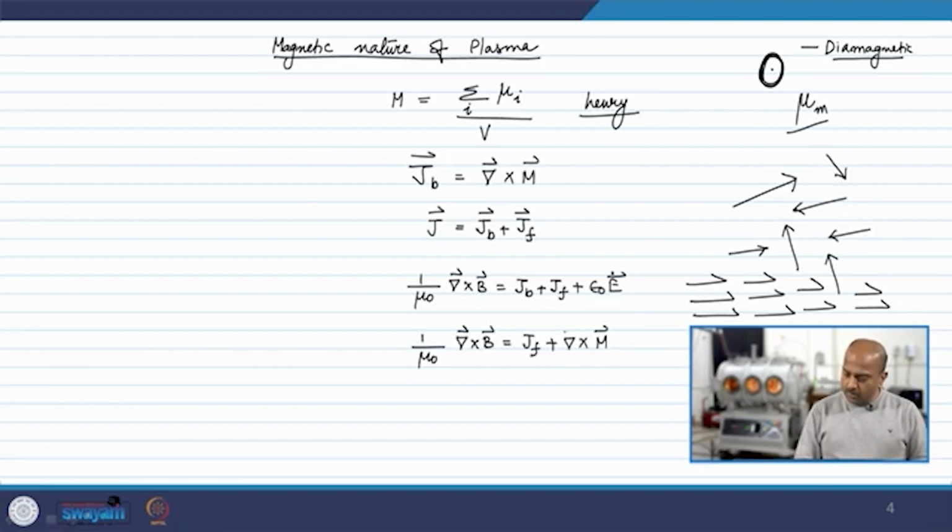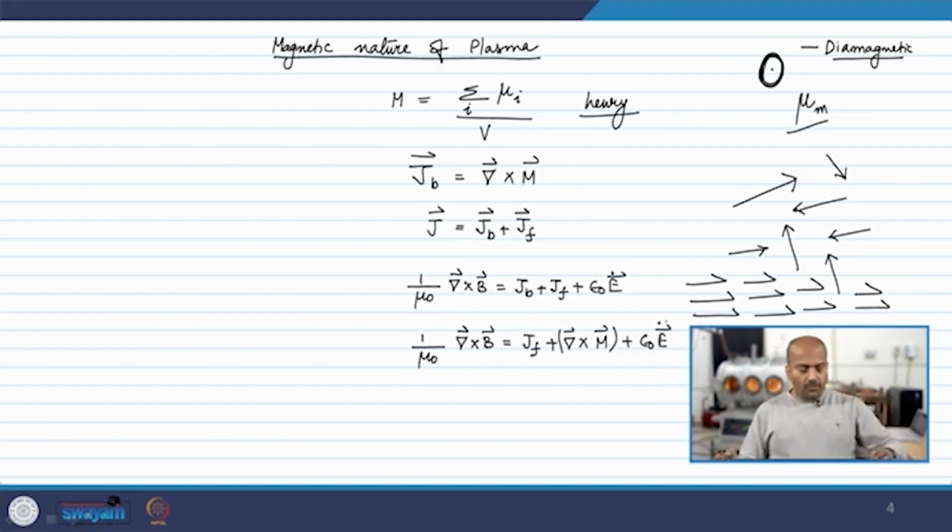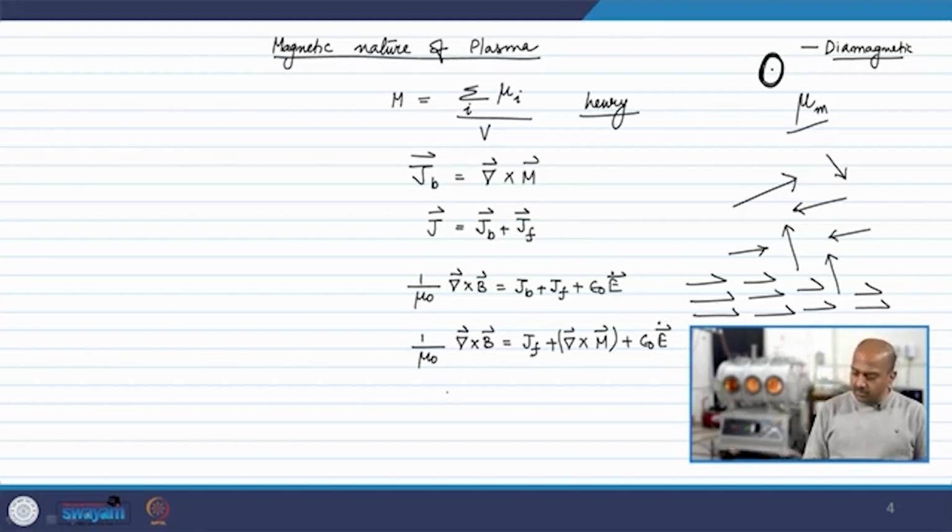plus del cross M plus epsilon naught E dot, or we can rearrange this equation as del cross of B by mu naught minus capital M is equal to Jf plus epsilon naught E dot.